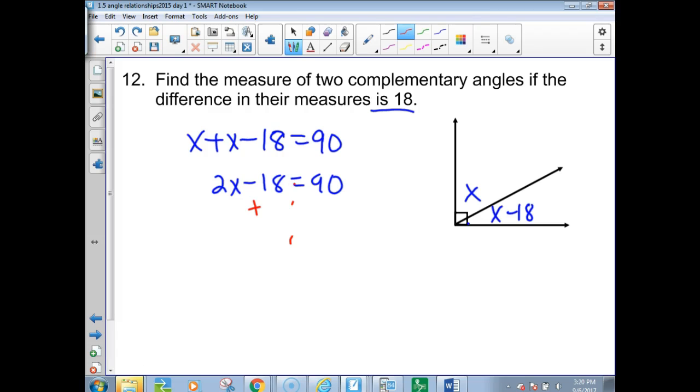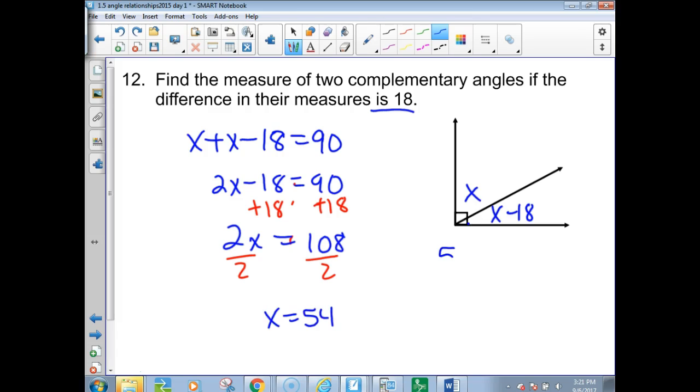Now I solve by adding 18 to both sides. I have 2 times x is equal to 108. I divide by 2, doing my algebra, 54. Okay, so that means that one of the angles is 54 degrees and the other, 54 minus 18 is 36.